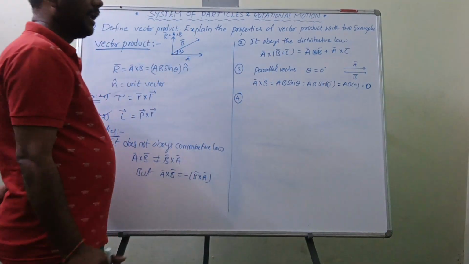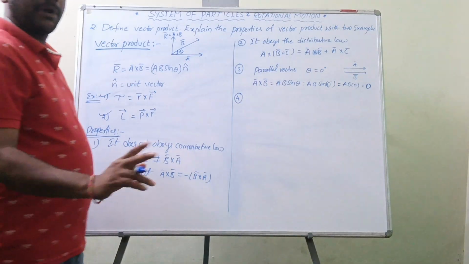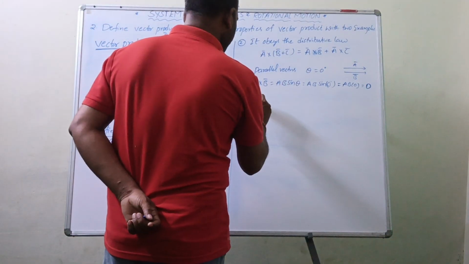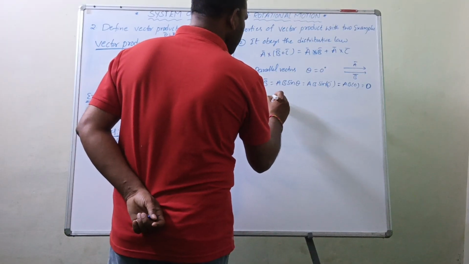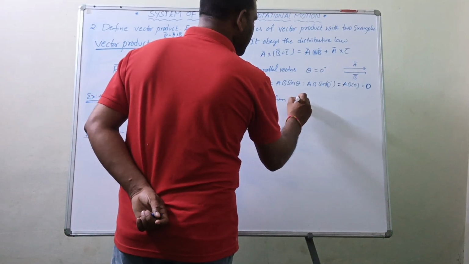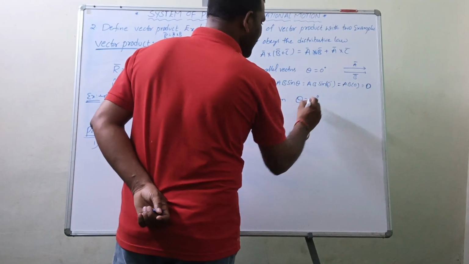Next, the fourth one: if two vectors are perpendicular to each other, then theta is equal to 90 degrees.